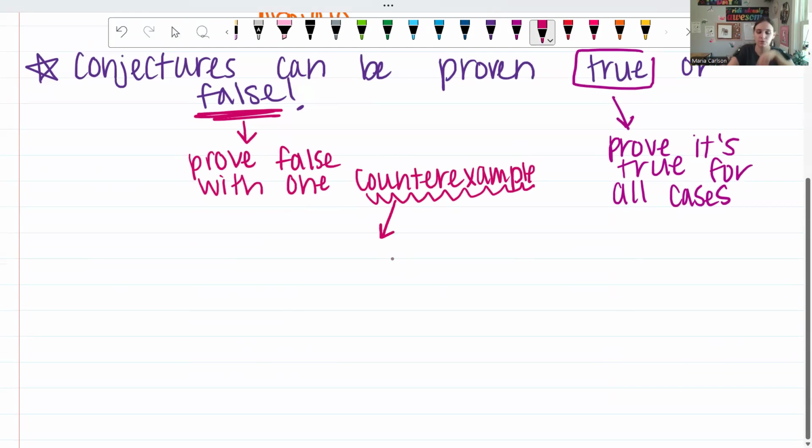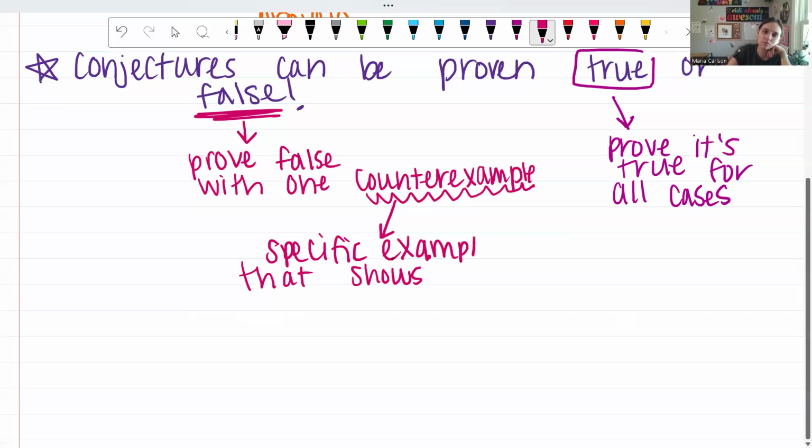So a counterexample is a specific example that shows a statement is not always true. Kind of changing the order I made my notes originally. I'm not going to abbreviate. Shows conjecture is not always true.